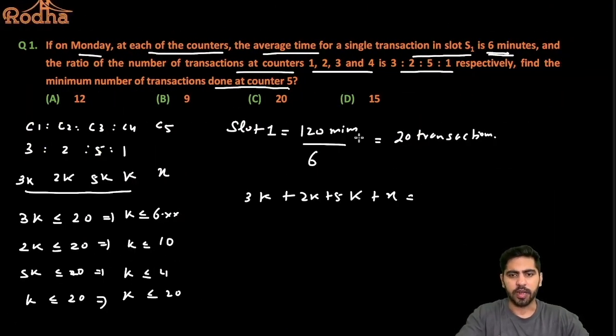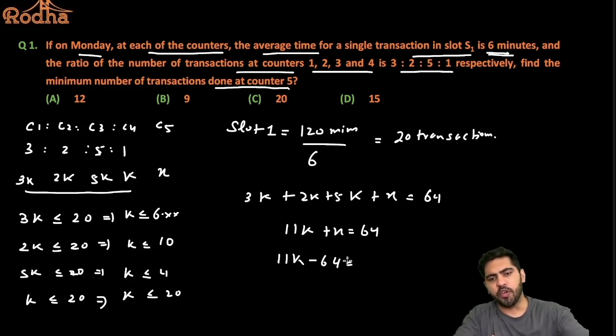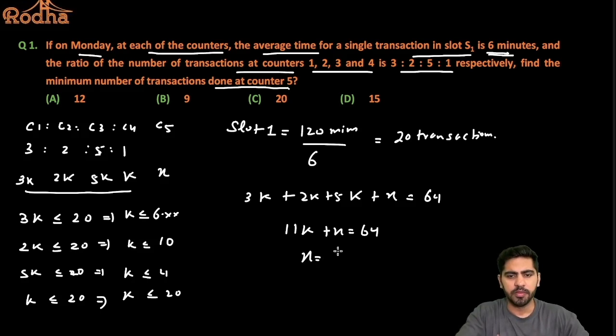So this value is 64 here. So I can say that 11K plus X is equal to 64. So X should be equal to 64 minus 11K, right?